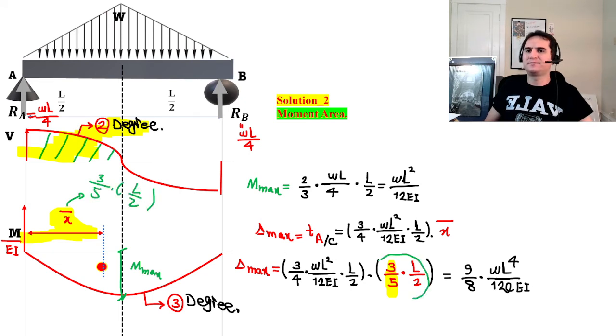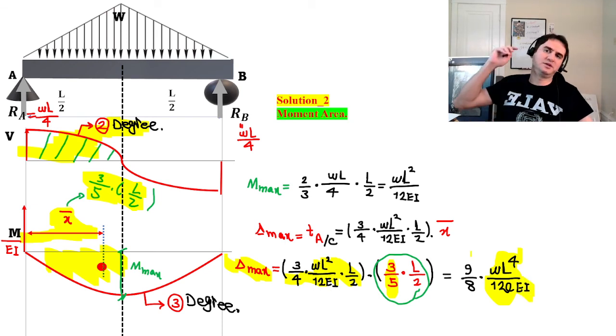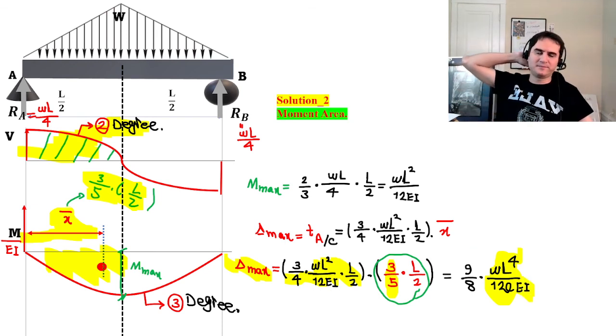So x bar is 3 over 5 times L over 2. And if you do the math, it gives you delta max, which is the tangential deviation of A with respect to C, the area under moment times x bar, which is 3 over 5 times L over 2. If you do the math, it gives you an approximation of WL to the fourth over 120 EI.